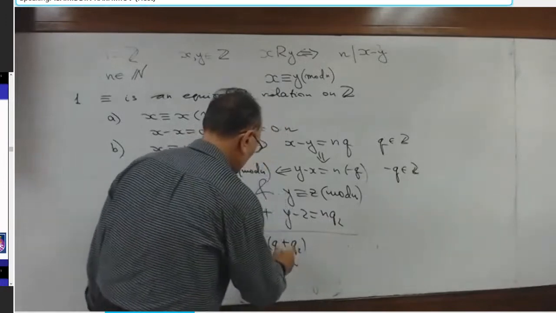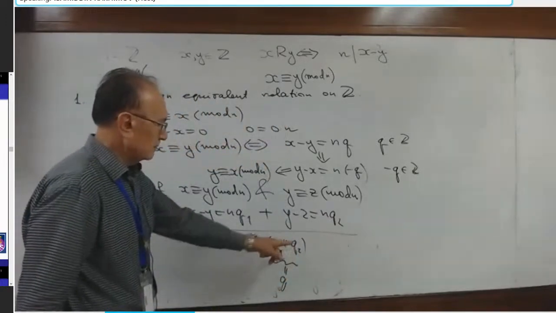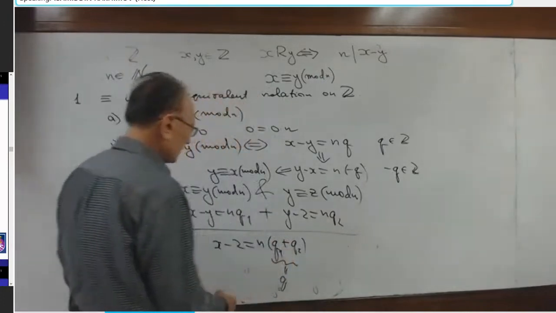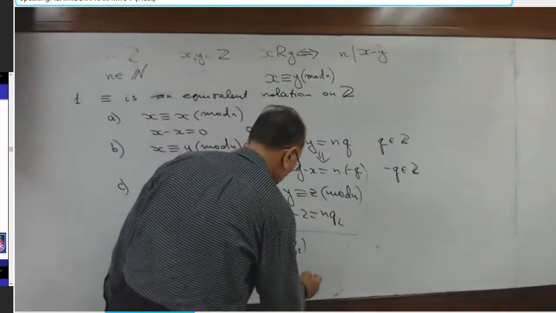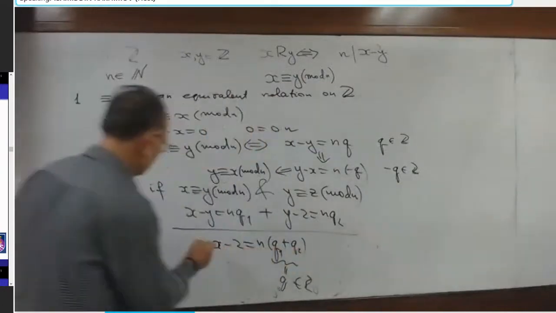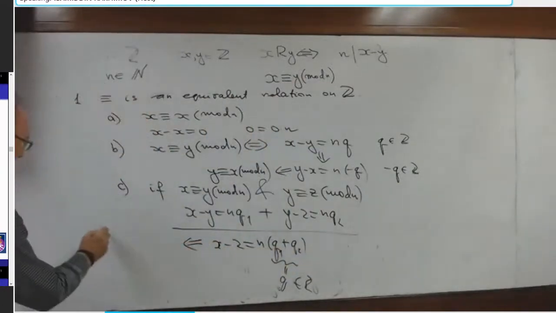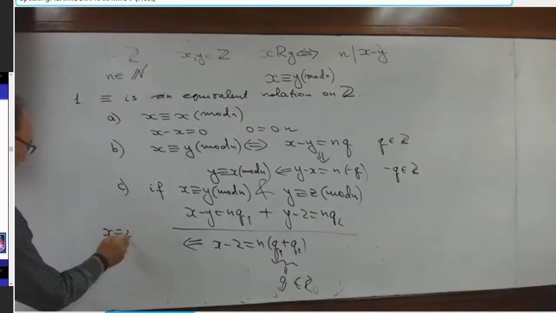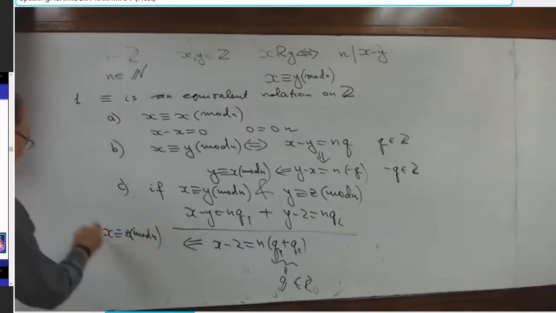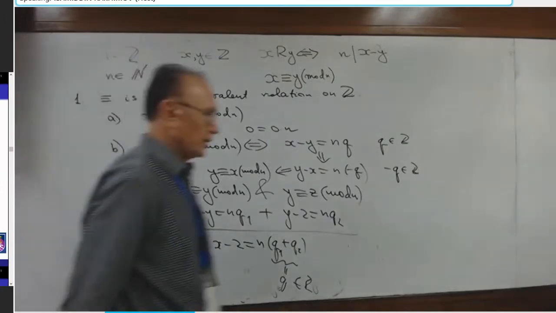If q1, q2 are integers, then the sum of two integers is also an integer. So x is congruent to z mod n.